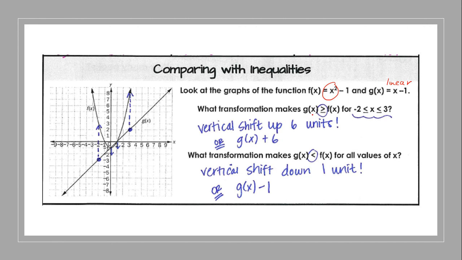So I want to know what transformation makes g of x greater than or equal to f of x for this domain, from negative 2 less than or equal to x less than or equal to 3. So if I look at the graph from x is negative 2 over to 3, I want to make g of x greater than or equal to f of x. Okay?